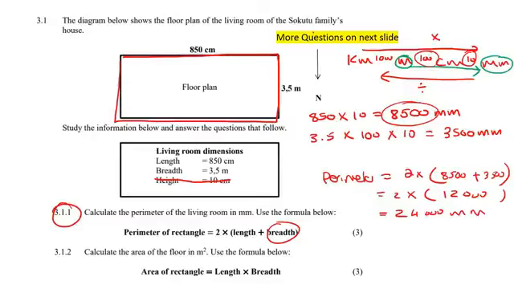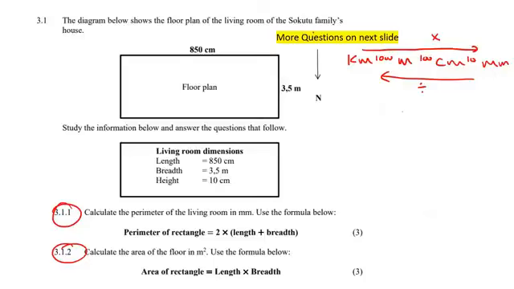Okay, this next question says, calculate the area of the floor in meters squared. So now they want us to use meters. Luckily this one is already in meters, so we just need to convert this one. So if we take 850 centimeters, now we are converting centimeters into meters. So we're going this way.